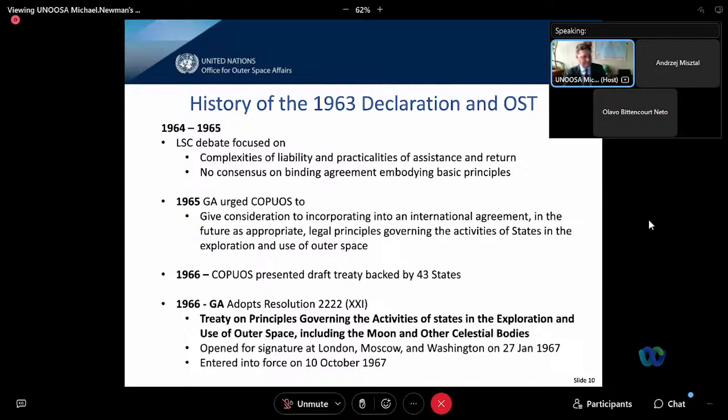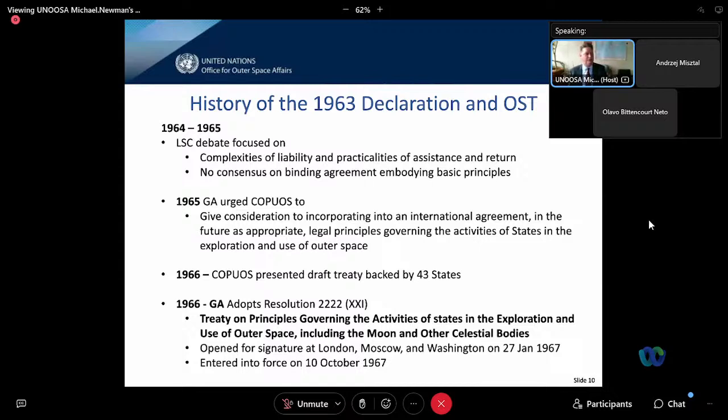So this was urged by the General Assembly, to give legal weight and make a binding legal agreement in 1965. And then in 1966, the legal subcommittee resolved all of those differences, and COPUOS presented the draft treaty backed by 43 states.